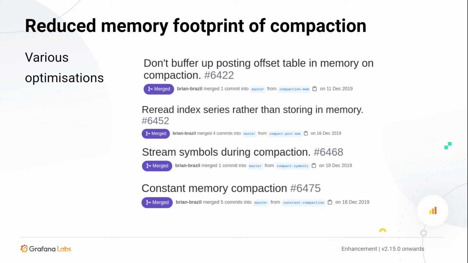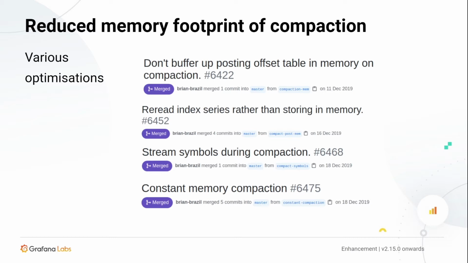The main idea behind this was whenever you're compacting and writing the data into the disk, mainly the index, you need not store all the data in the memory while you are in the compaction process. What you could do is, when you are somewhere in mid process, you could read back some data which you have already written in the index and do some calculations over that so that you can write the further data.